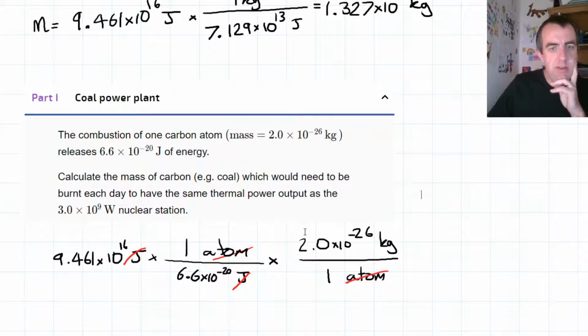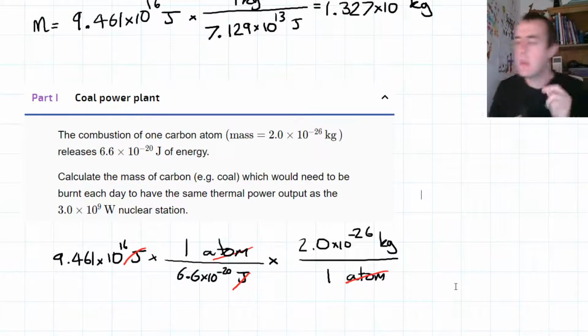And that's the mass per atom. Type it back into my calculator: 9.461 E16, 6.6 E20 minus, and 2 E26 minus. It's giving me exactly the same number.